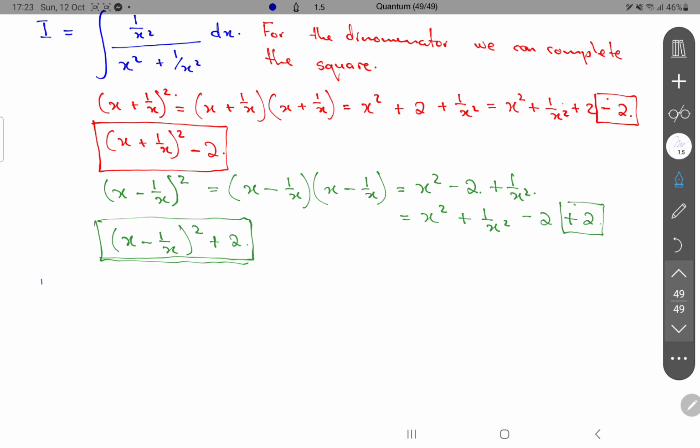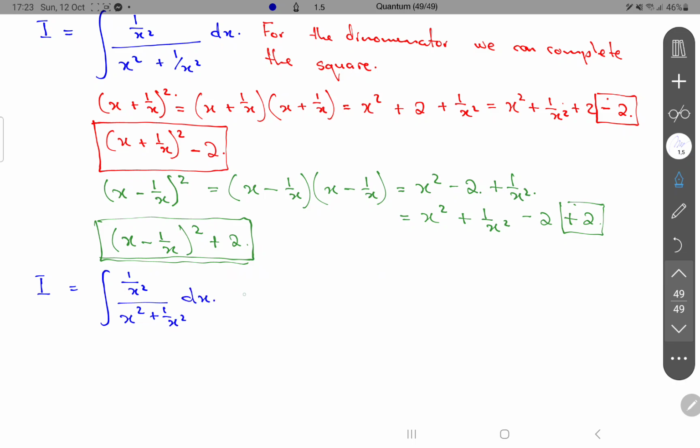Now, let's look back at I equals the integral of 1 over x squared over x squared plus 1 over x squared dx.